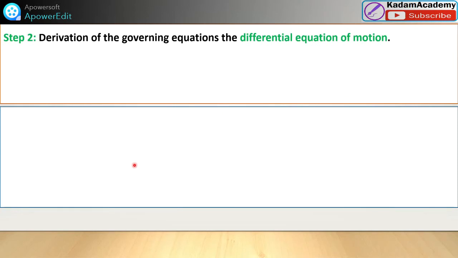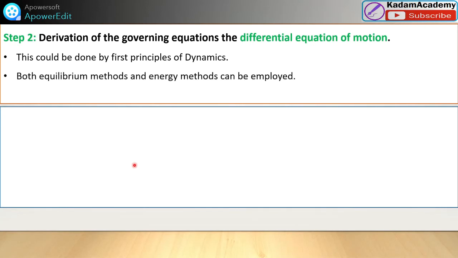Deriving the governing equation, or in the form of a differential equation. This could be done by the first principles of dynamics. It's based on the first principles of dynamics to derive the equations that describe the vibration systems. Both equilibrium method and energy methods can be employed for this.